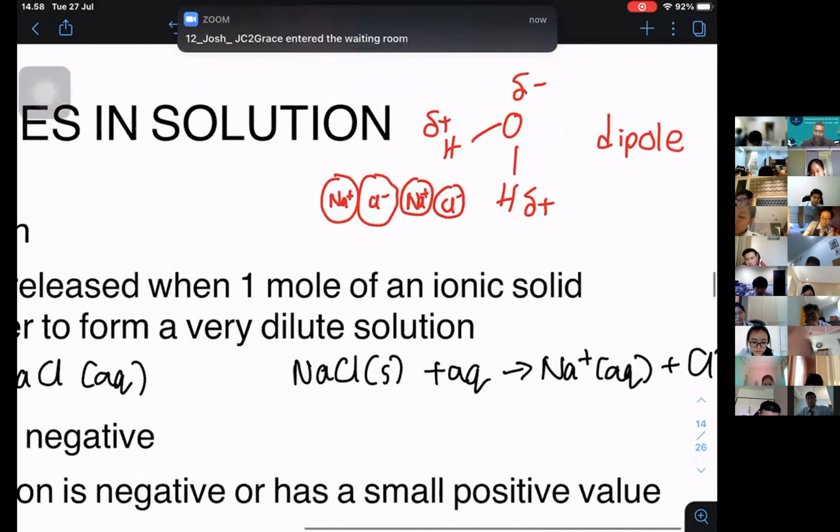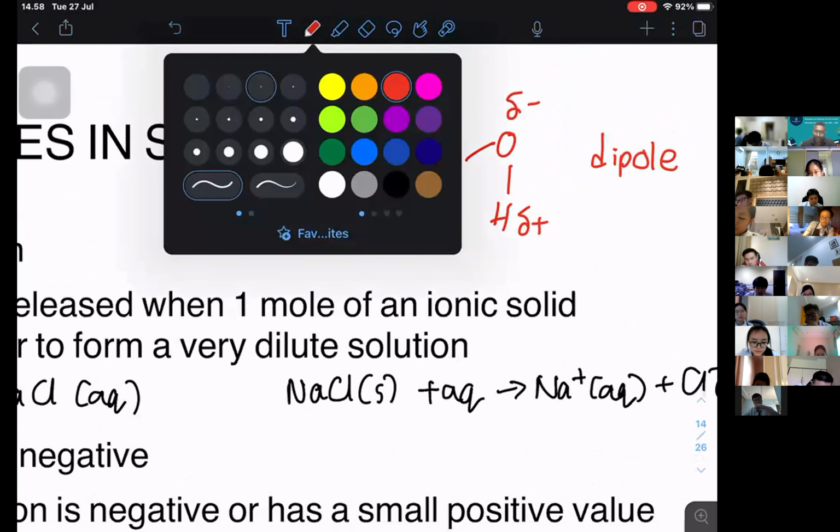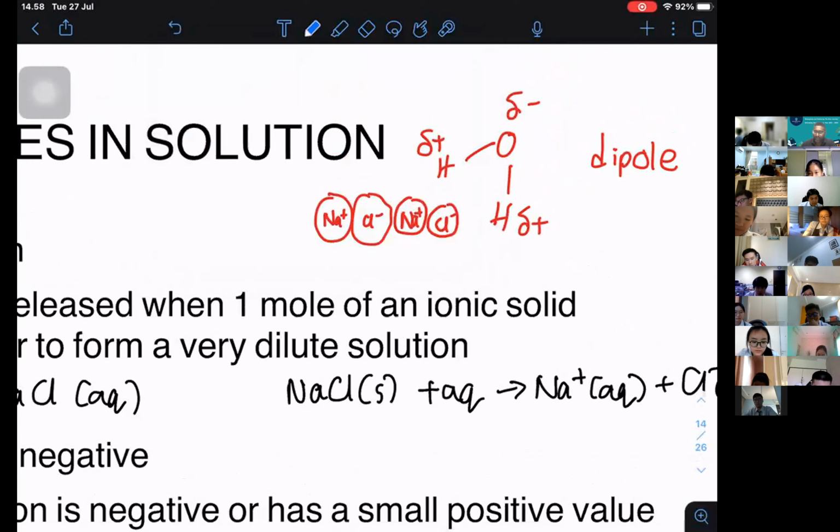There will be bonding between the delta positive end, which attracts the negative Cl ion. And if I have another water molecule here, also a dipole, delta positive and delta negative, there is attraction between the O and Na plus.